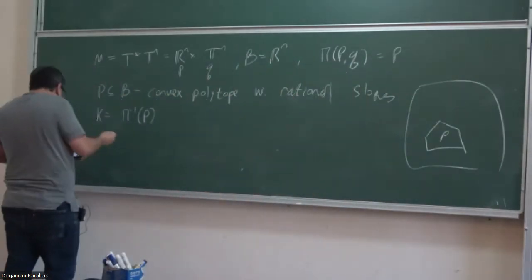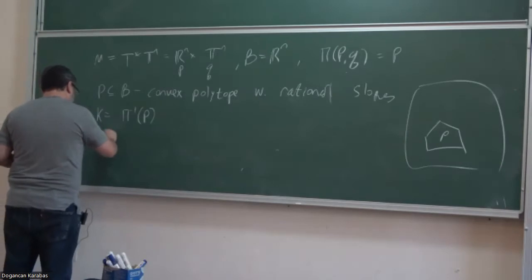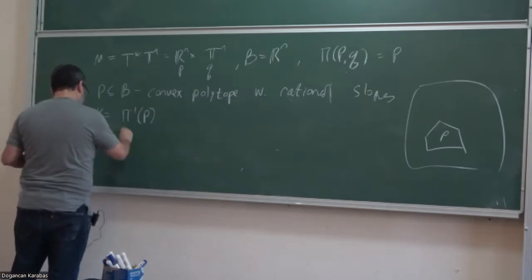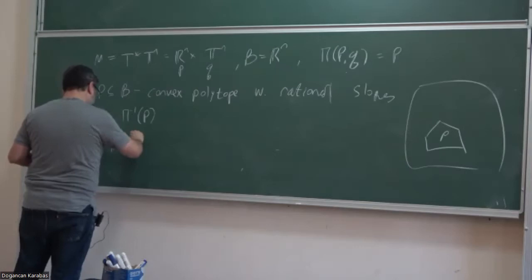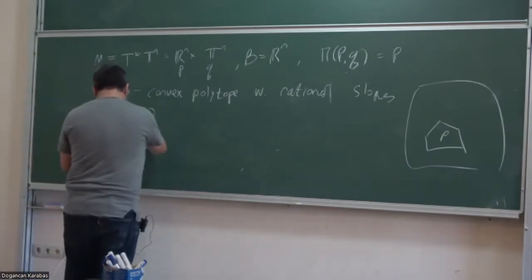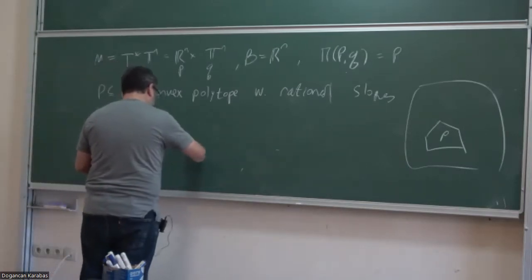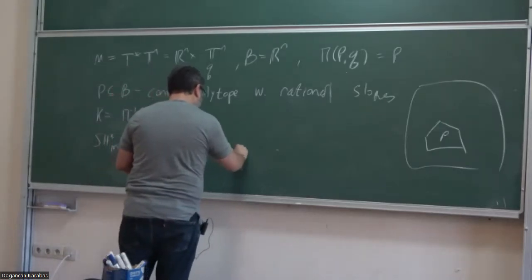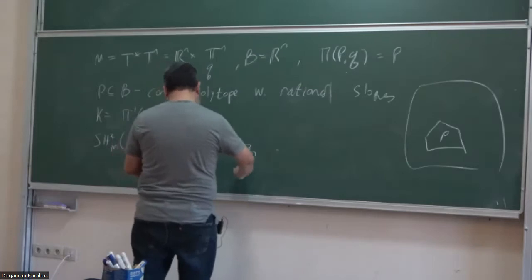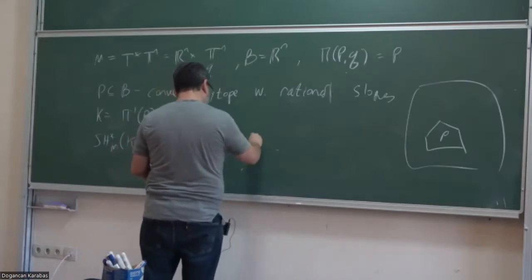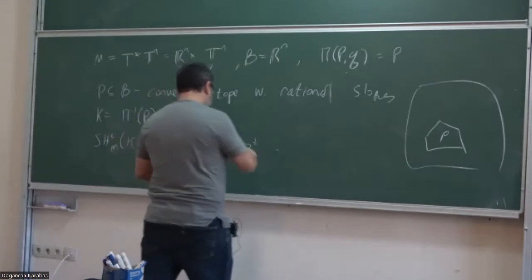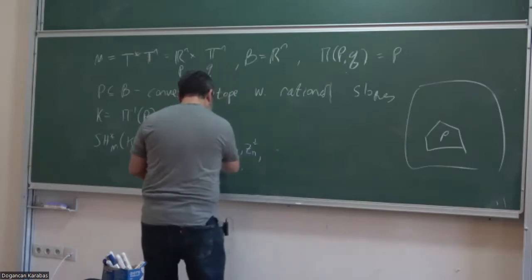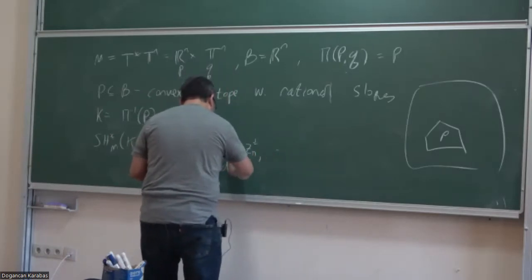Then the answer is that symplectic homology of K is basically you take the Novikov ring, you adjoin invertible variables, which will be in degree 0.